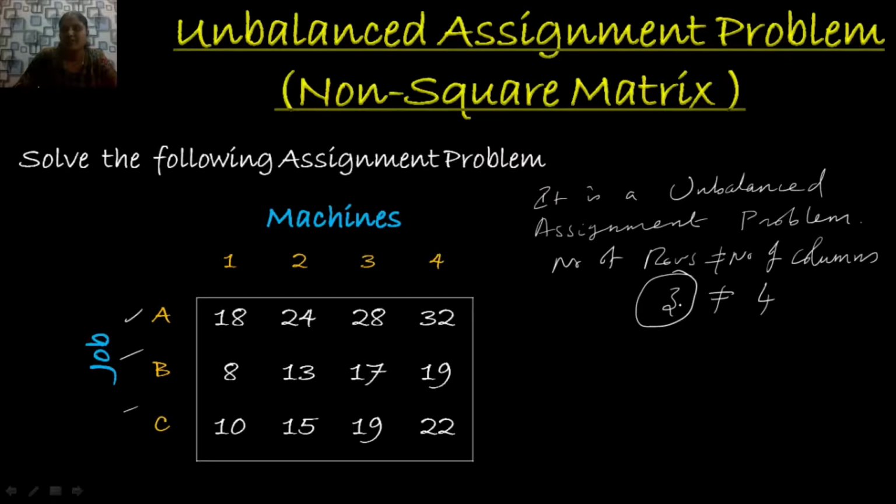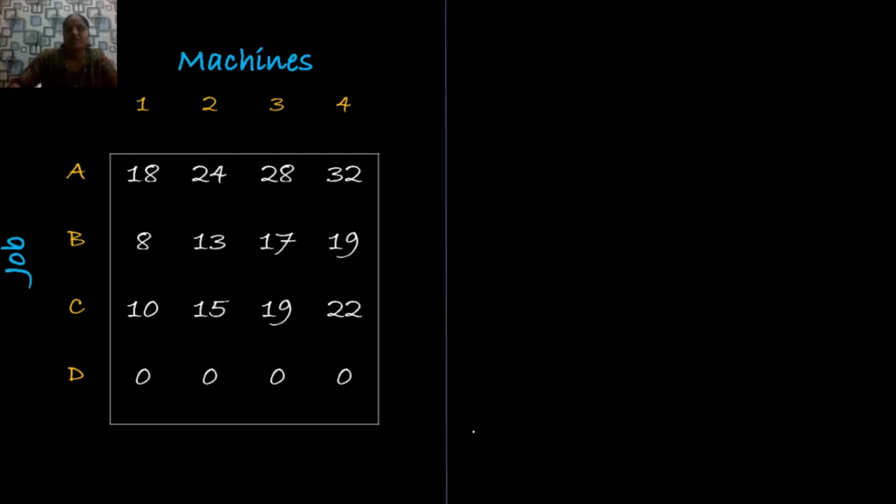Since we have only 3 rows, we introduce a dummy row D with 0 cost elements. Now the matrix becomes a balanced one. Then we make use of the Hungarian algorithm to find the optimum assignment schedule. So after introducing the dummy row, this was the matrix we have obtained, with dummy row D with 0 cost elements.